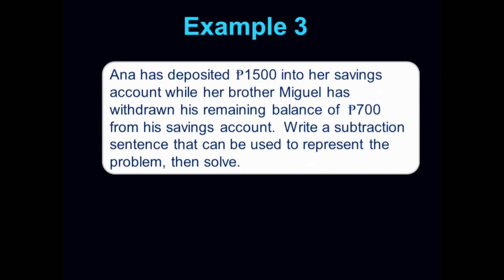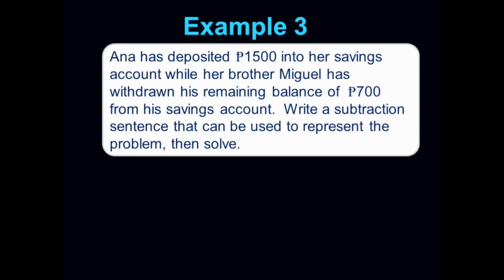So we'll go now to example 3. We have here a problem. Let's read first and understand the problem. Anna has deposited 1,500 pesos into her savings account, while her brother Miguel has withdrawn his remaining balance of 700 pesos from his savings account.